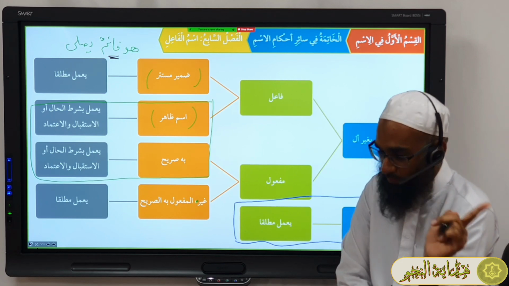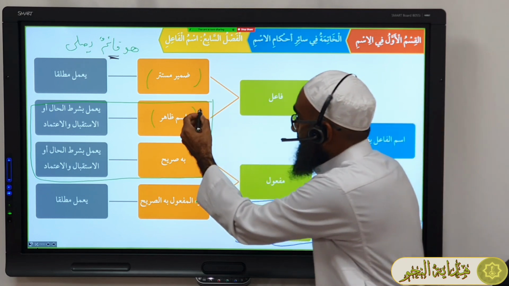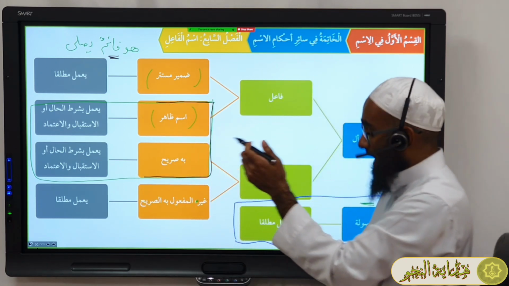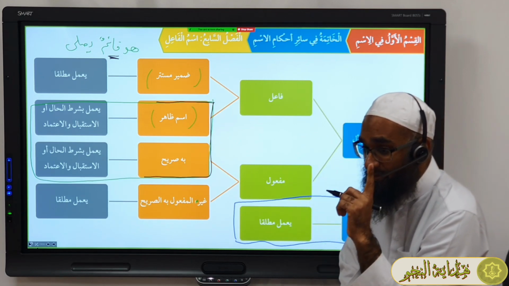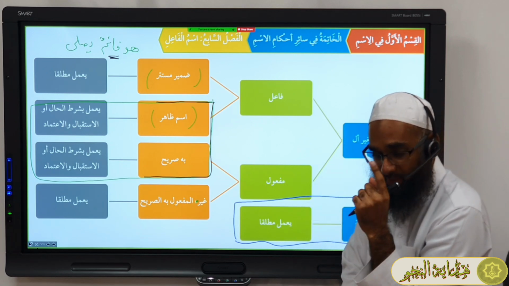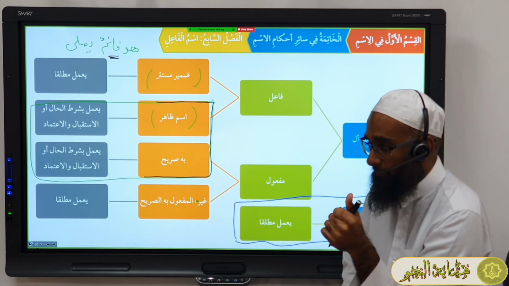What does i'timad mean? Next slide, later on. Two conditions. Whether it makes marfu to ismul zahir, or if it makes mansoob to the maf'ul bihi sarih, then in this it has condition, shart. It must be in the meaning of hal and mustaqbil number one, and it must have i'timad.